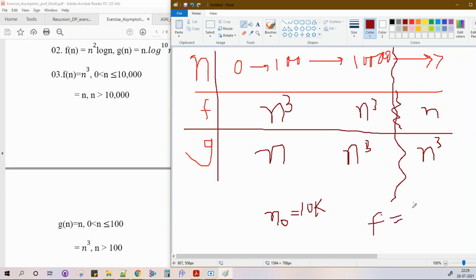So f is basically order of g, correct? So f is order of g. Any questions, guys? In this type of question, just concentrate more on the threshold points, 100, 10,000, and write the corresponding function at that limit, correct?